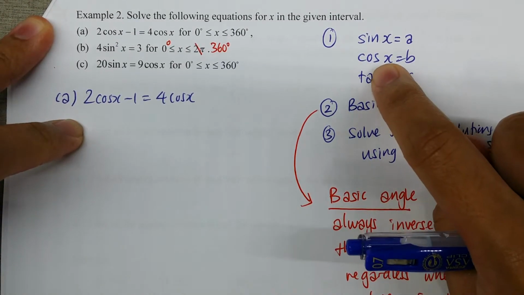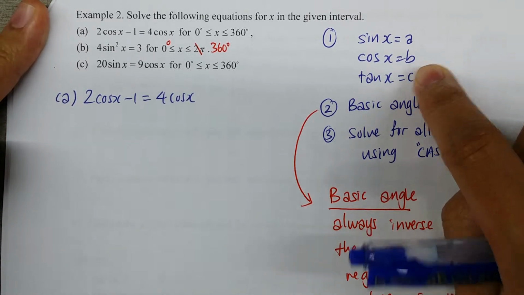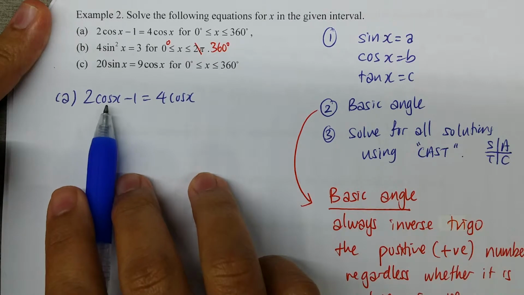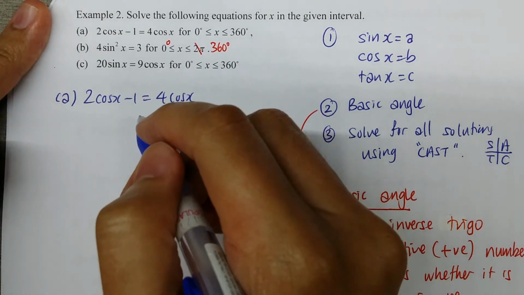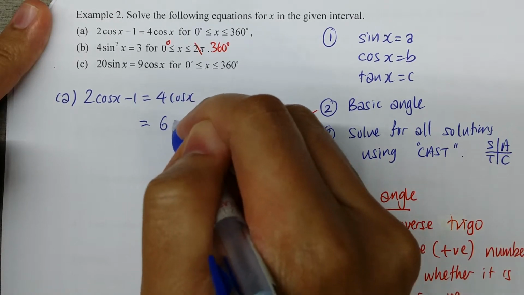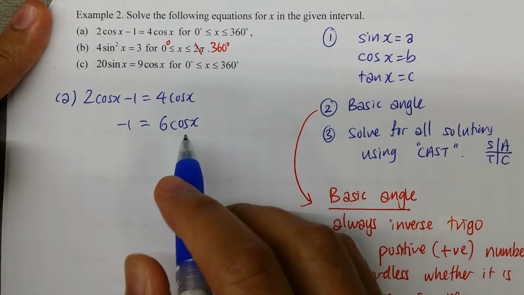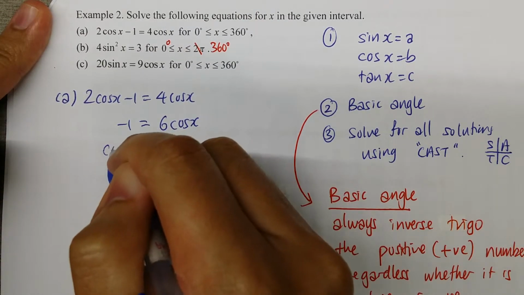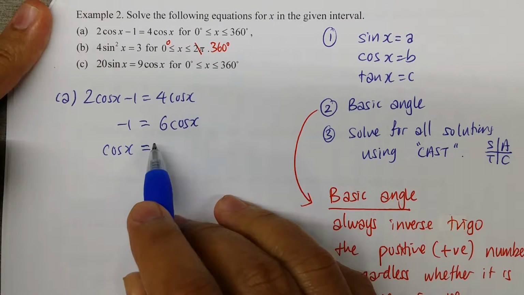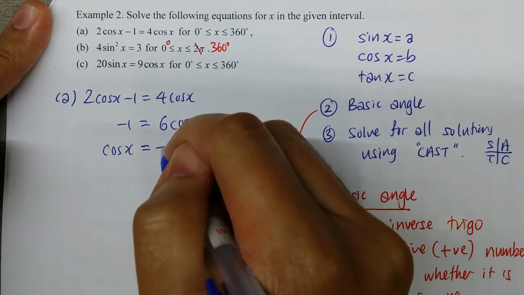I'm supposed to write cosine x equals something, to find out what b is first. Let's bring the 2 cosine x over, equals 6 cosine x minus 1 here. Divide by 6, so cosine x equals negative 1 divided by 6.